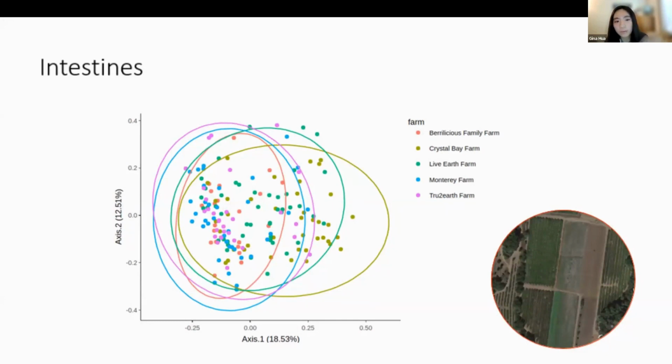When we go from most to least agriculturally intense, you can see that there's a slight shift to the right, which is not what we would expect, because we would expect all the data to be on top of each other. We would expect the data to be the same because the microbes in the intestines are core microbes, so all the bees have them. But they're not the same.